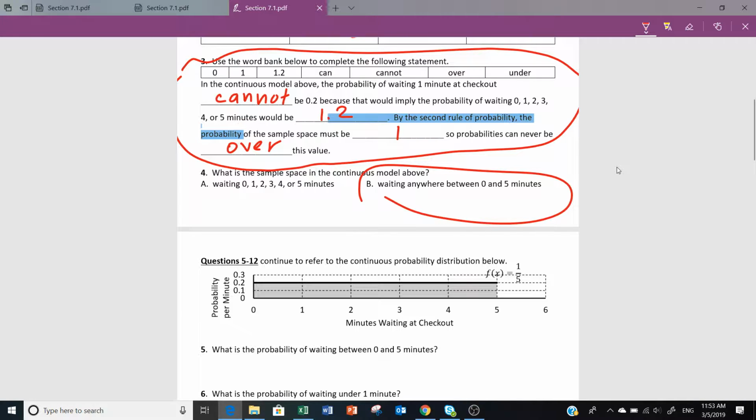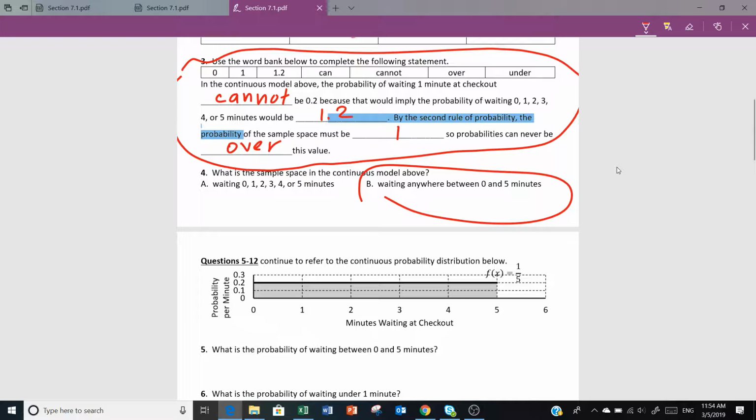So that means if we added the probabilities and they were all 0.2, we would get infinity because any of these values can be in the sample space between 0 and 5. So if we say the probability of getting a 0 is 0.2, and we say the probability of getting 0.1 is 0.2, and the probability of getting 1.7 is 0.2, and any number in between, you keep adding all these 0.2s together, you're going to get infinity because there's infinitely many numbers between 0 and 5, just like Nicole said.